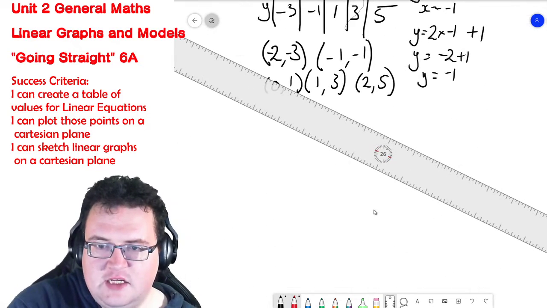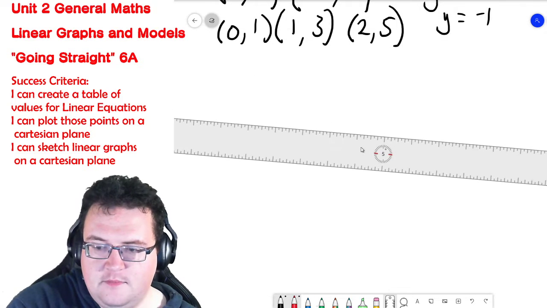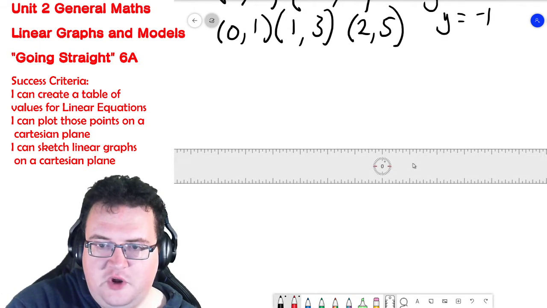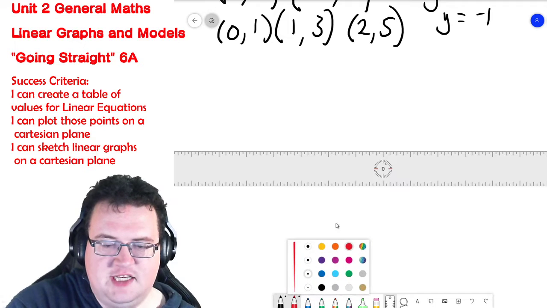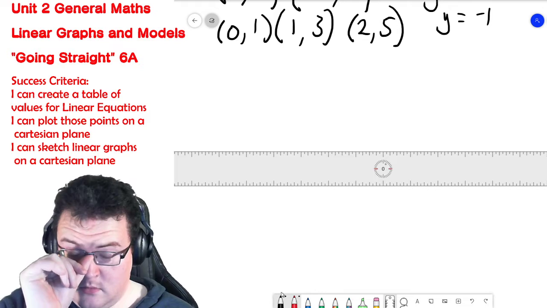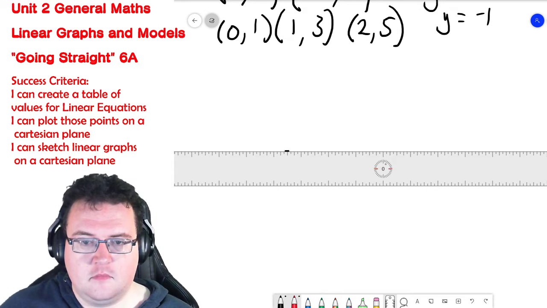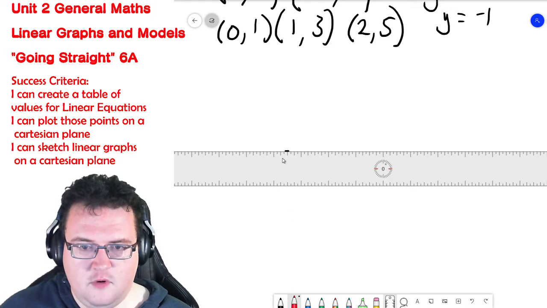This is where it is important to have a ruler, which you absolutely will need to have when we do the SAT for this. No, give me red. I want red.